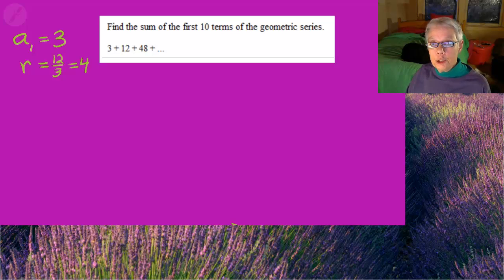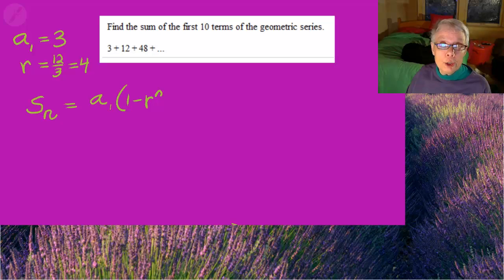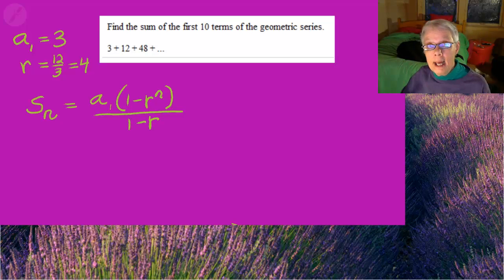Notice that the first term is 3, and the common ratio is going to be 12 divided by 3, which is 4. So we're going to use this formula in order to find the sum of the first 10 terms of this finite geometric series. It's finite because it has a definite beginning and ending point.